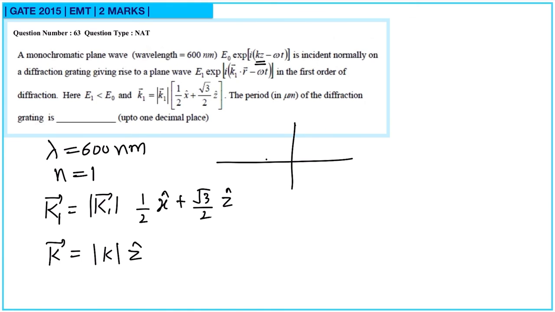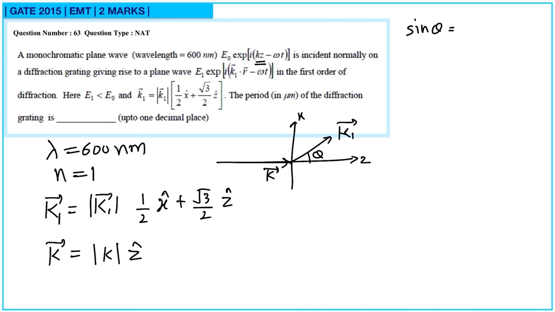So from here we can see, if this is the direction of z, and this is k bar, and this is x, then this will be the direction of k1 bar. So there will be an angle theta between them. So we can calculate this theta.